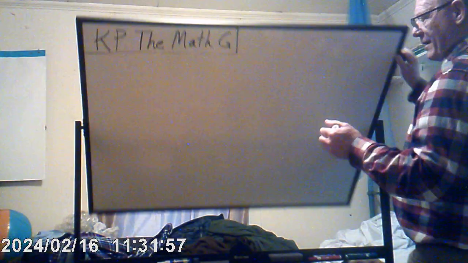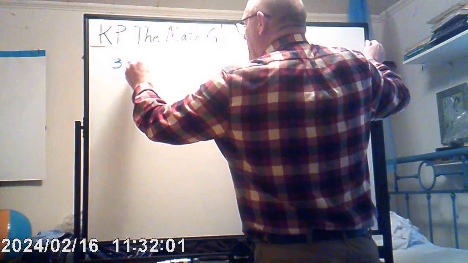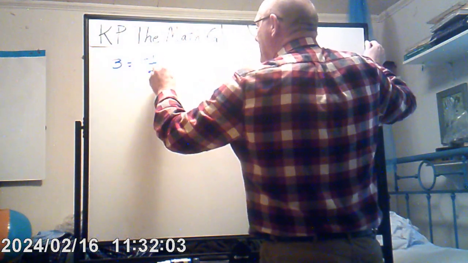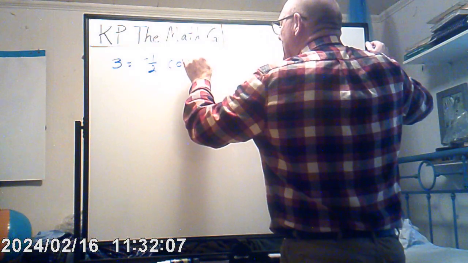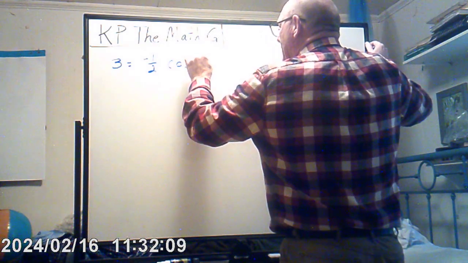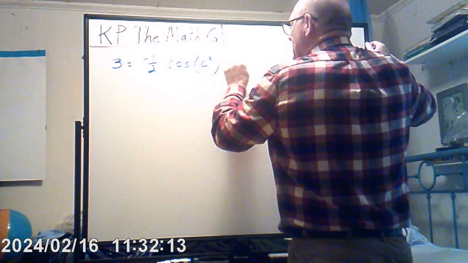So 3 is equal to negative 1/2 cosine of t squared, which in this case is 0 squared, plus c.